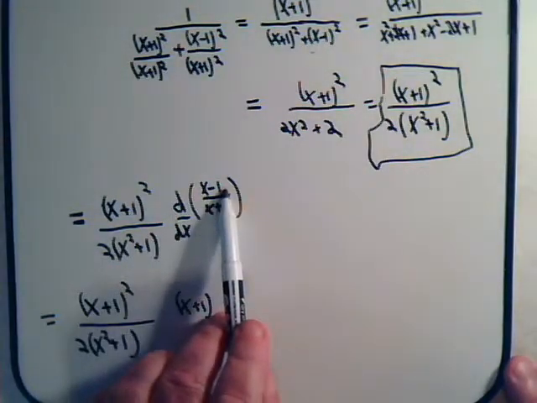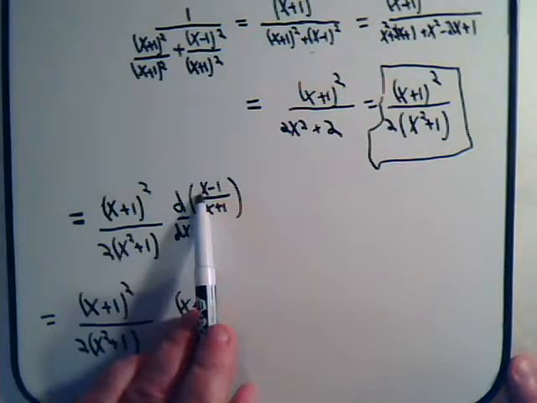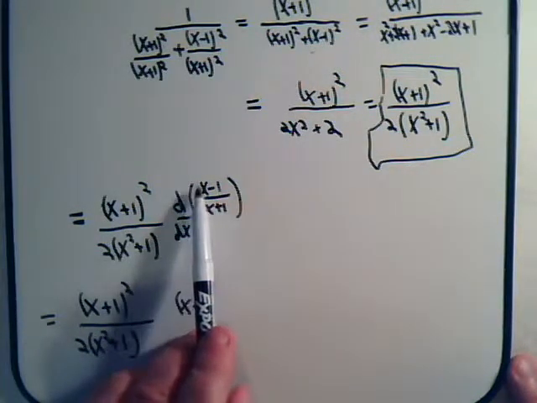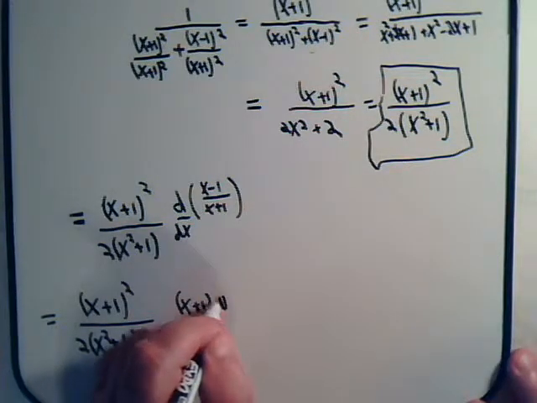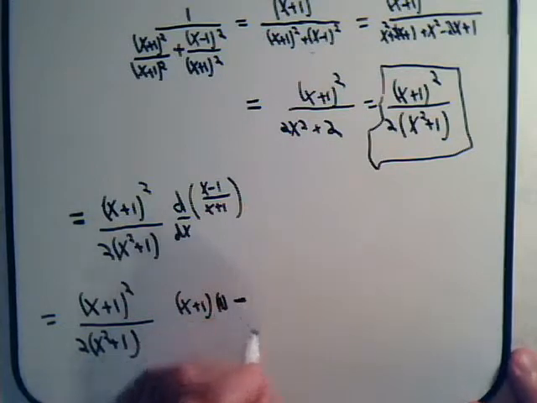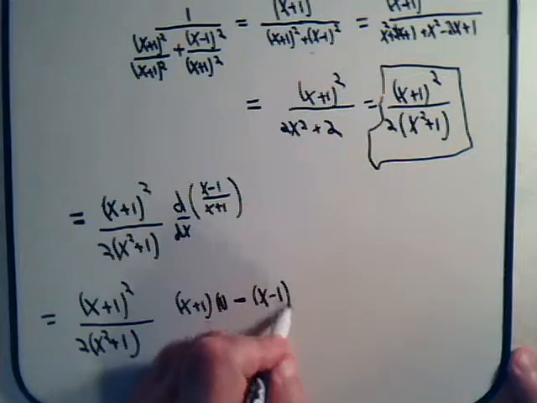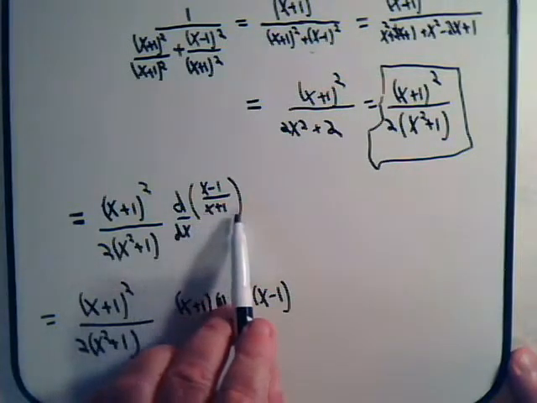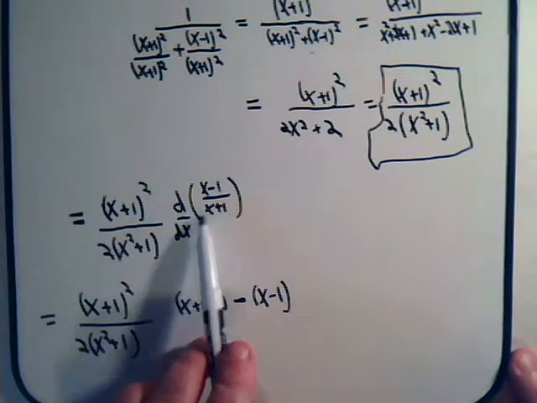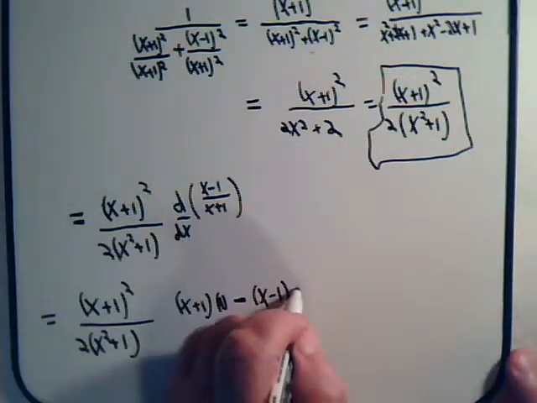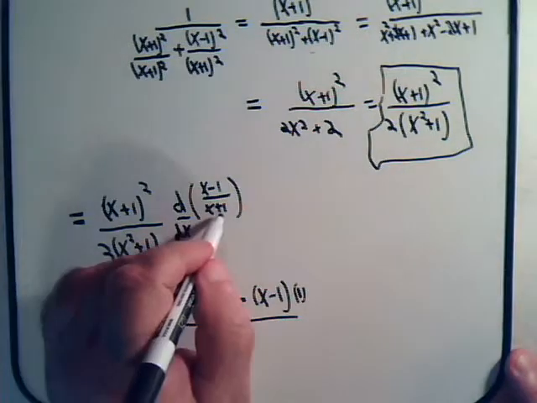Well, that's just going to be 1. We have this times the derivative of this, that's going to be 0, of course. So that's just this times 1 minus this, x minus 1 times the derivative of this, that's going to be 0, divided by the squared.